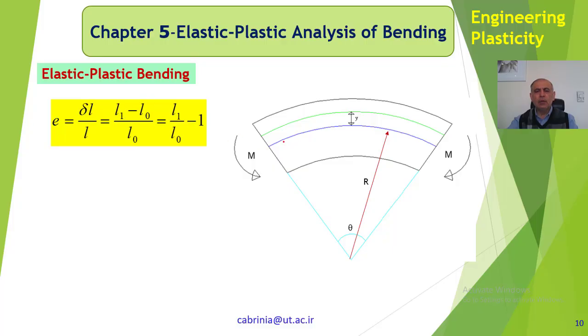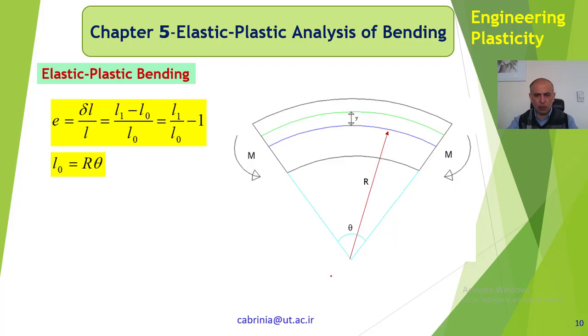But now only the blue line is equal to L0. All other lines or other fibers have changed lengths. The fibers on the top have increased their lengths, the fibers on the bottom have decreased their lengths. So this green line which is on the top has an increased length, which we call L1. So L1 minus L0 divided by L0 is the elastic strain for this green fiber.